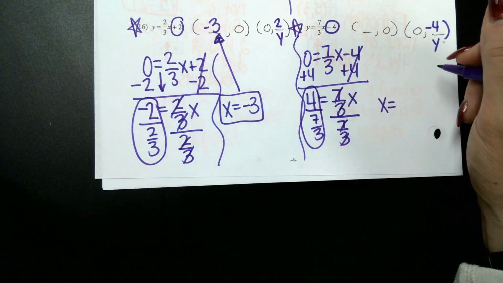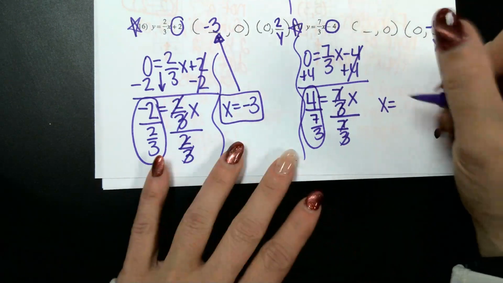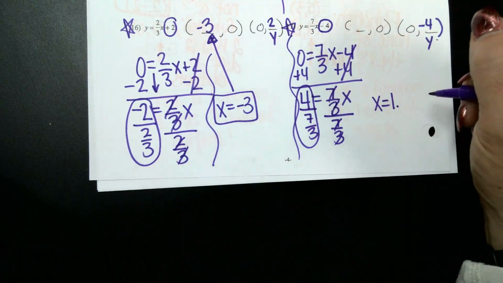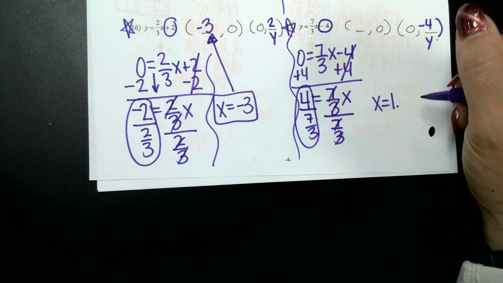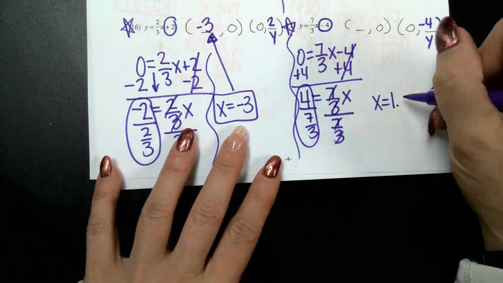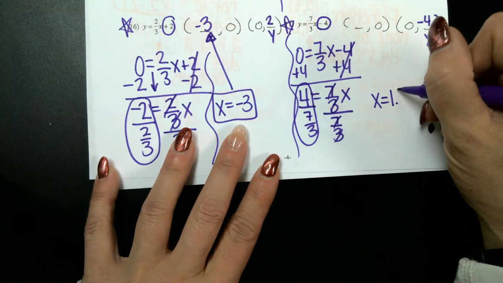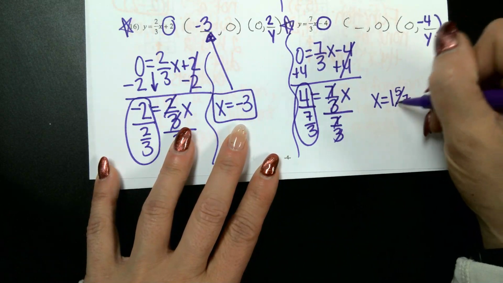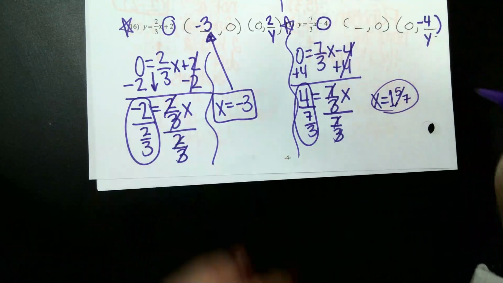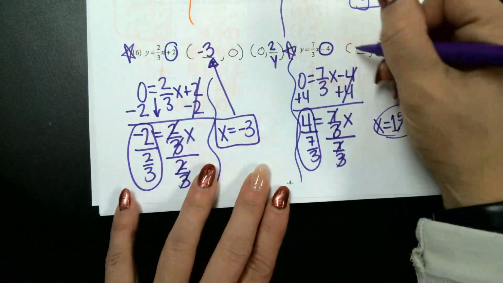That's going to be a decimal. What is it? 1 point... that is a lot of digits. Yeah, it's 1 5/7. Oh, they gave it to you as a mixed number. That's okay. We can do 1 5/7.